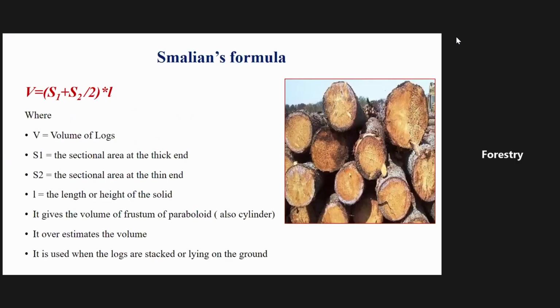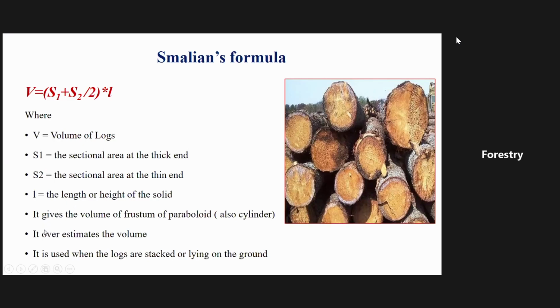Then another is Smalian's formula, given by V = (S1 + S2)/2 × L. Here V is the volume of the log, S1 is the cross-sectional area at the thick end, S2 is the cross-sectional area at the thin end, and L is the length.